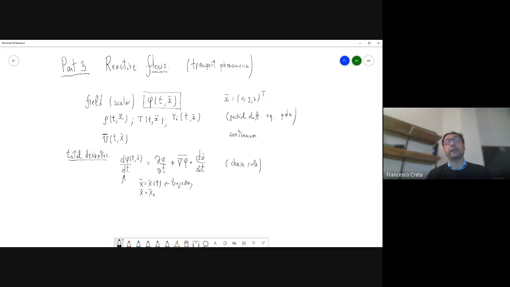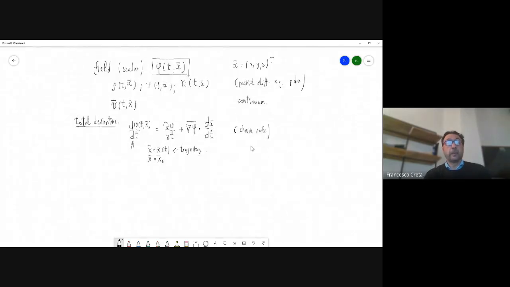Okay, let's make things a little simpler. Suppose that this trajectory is the simplest possible trajectory. It's a stationary point. So this is a constant, okay? What happens? So if it's a constant, we're just concentrating on one point. We're not moving around.